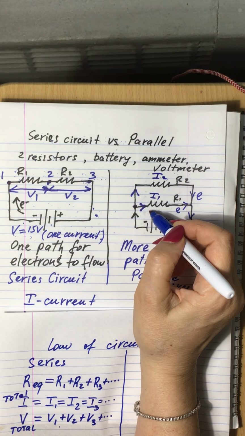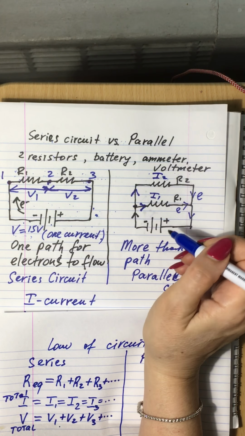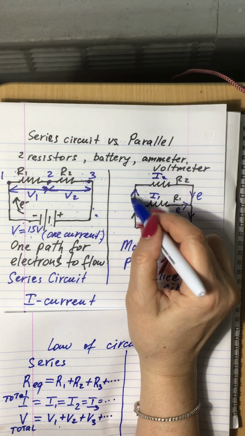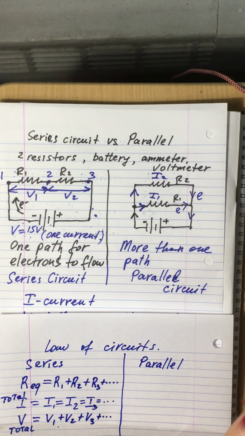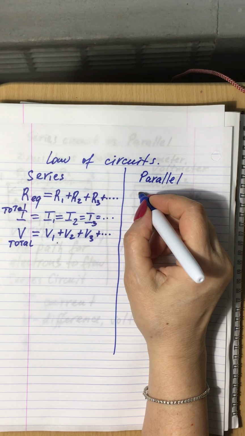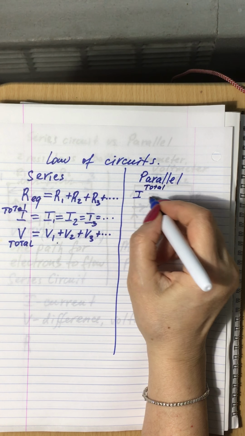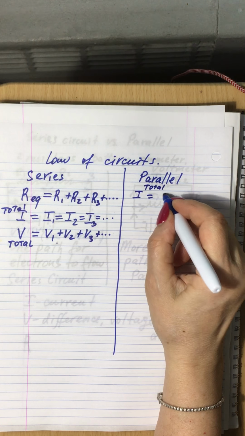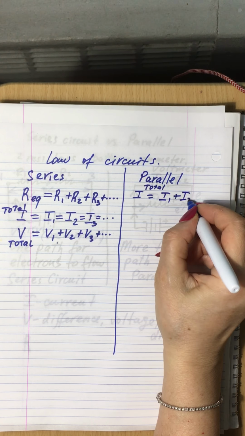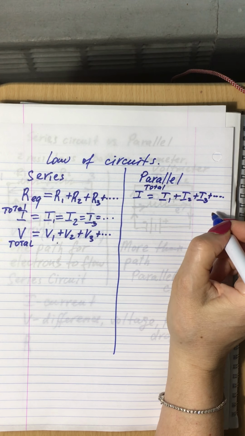They're not equal usually, but they can be equal if these two resistors are the same. But to find the total, since the total splits two different ways in this diagram, you need to add. So I total for the parallel will be equal to the current through the first resistor plus I2 plus I3 and so on if you have more.